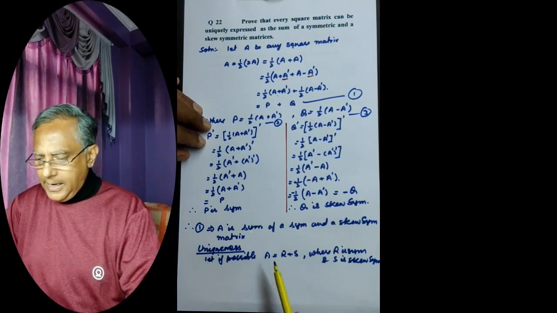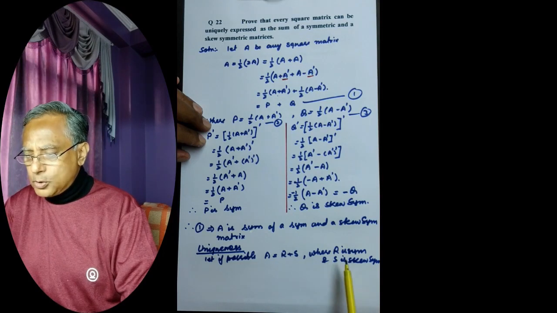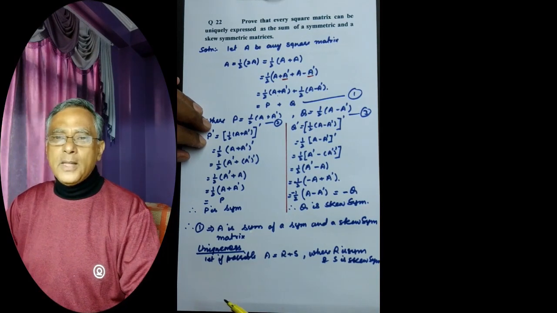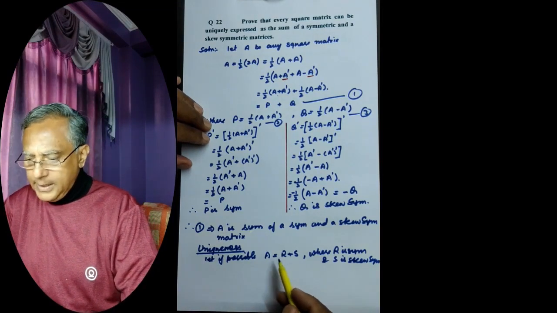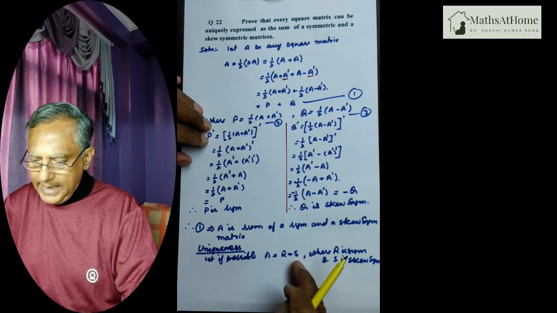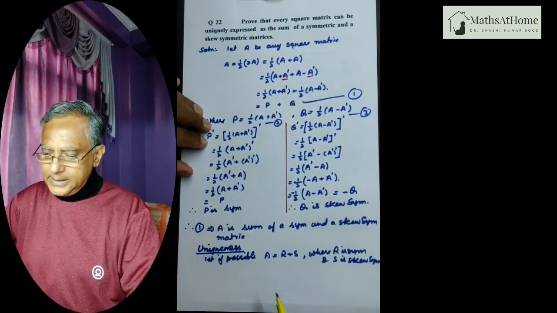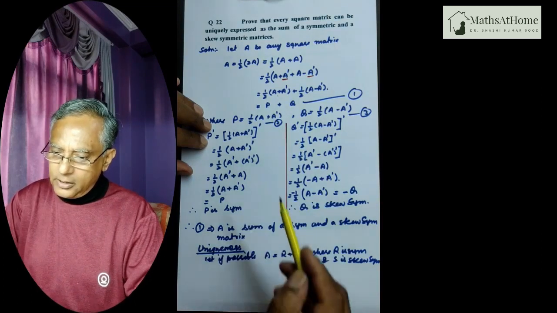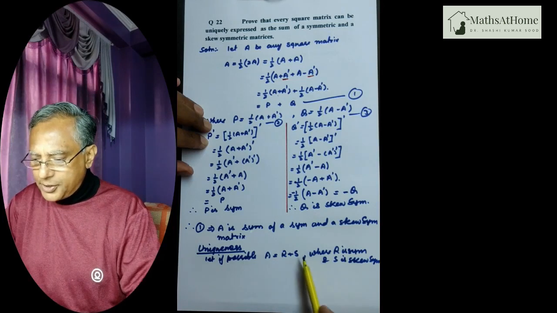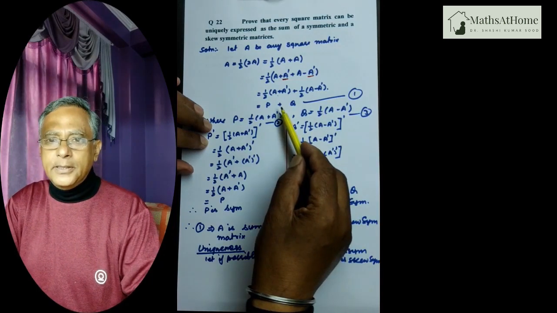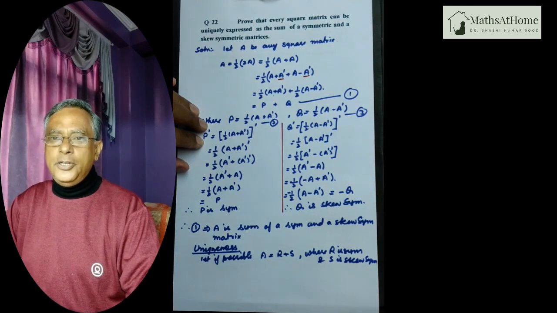That is, let A be represented as a sum of a symmetric and a skew symmetric matrix in this way. So what we shall prove is that A = R + S is the same as A = P + Q. That is, R is equal to P and S is equal to Q. That is, this representation is same as this. This will show that this representation is unique.